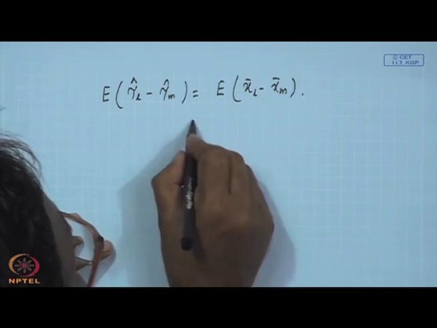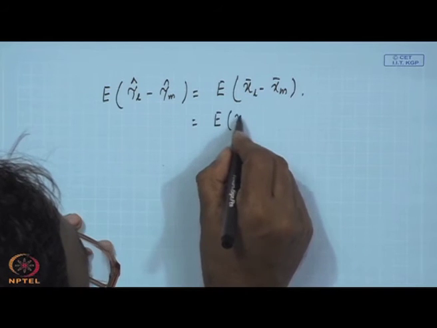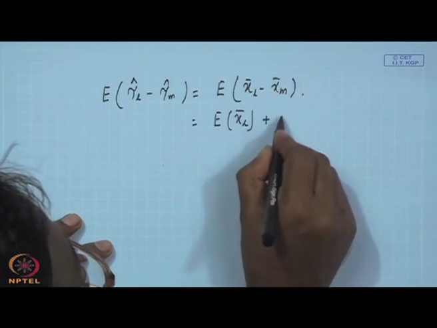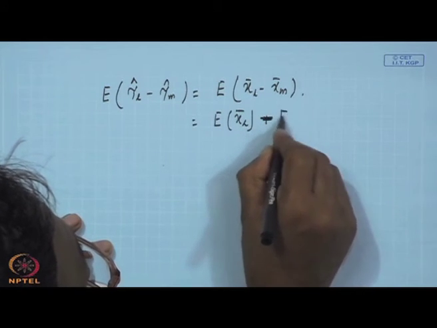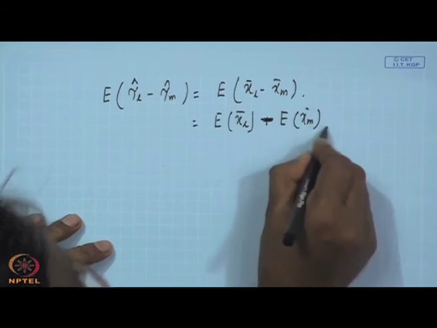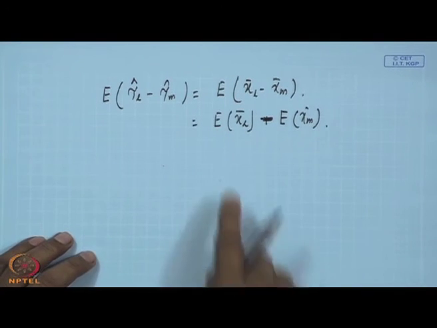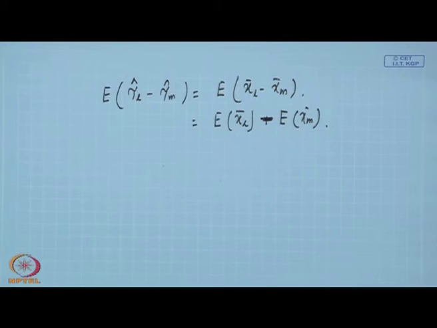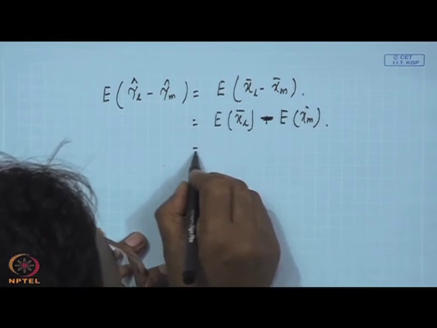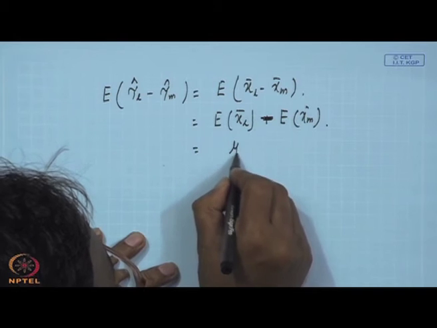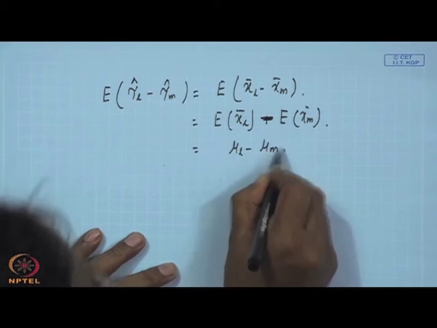And we also know that this is nothing but expected value of XL bar minus expected value of XM bar, because the two populations are independent. So, this will be mu L minus mu m.